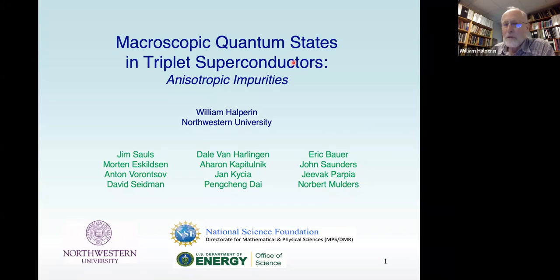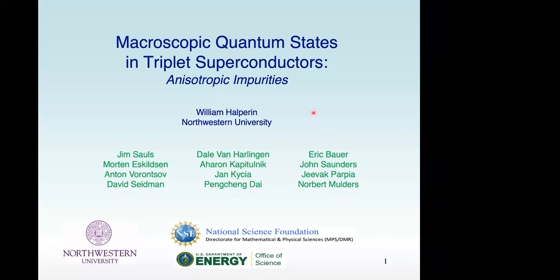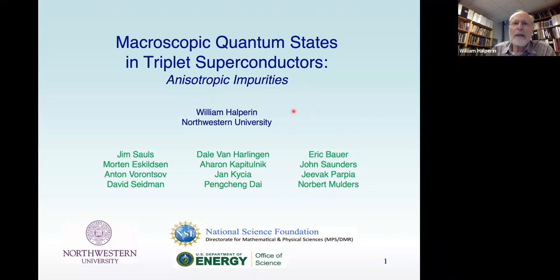As most of you know, in the superfluid phases of helium-3 at low temperatures, which is a triplet superconductor, there are no impurities except the boundaries. Consequently, I will make a contrast and a comparison between anisotropic impurities introduced into pure helium-3 and those in uranium platinum-3, as an example of a putative triplet superconductor.